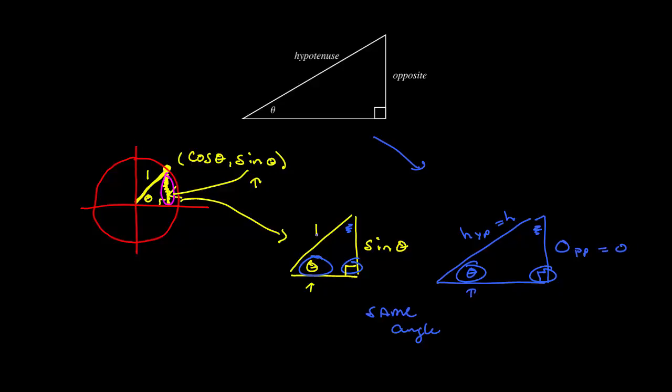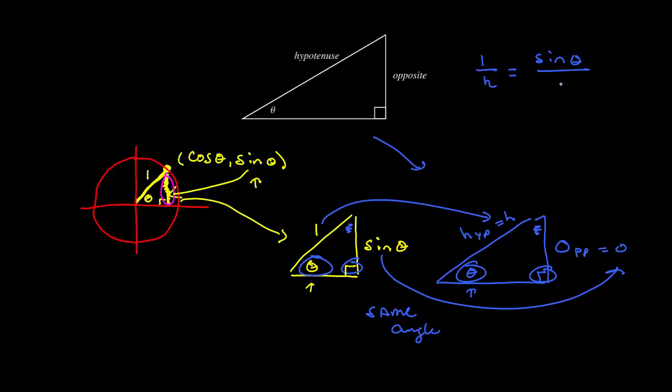So if I take the ratio of the sides, if I take 1 and divide it by H, that should be equal to sine theta divided by O. So the sine of theta divided by O, that's not 0, okay, divided by O. Now, if I just multiply both sides by O, then O cancels on the right side.